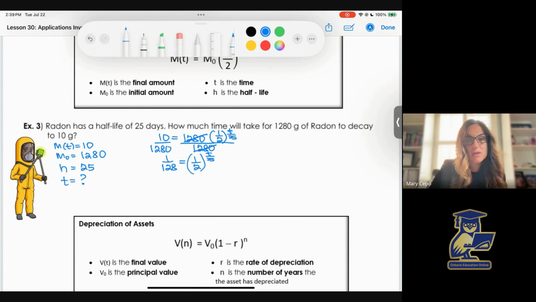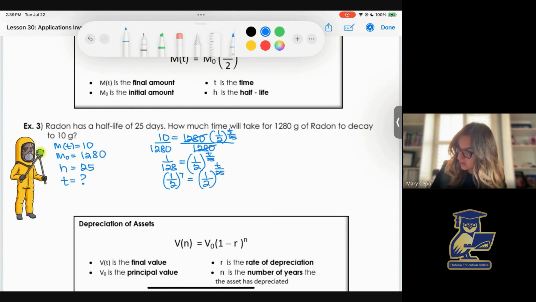Now, remember when we were solving exponential equations, we want to be able to express 128 as a base of 2. When I say 1/2 to the exponent of 7, that would equal 1 over 128. So we're going to say 1/2 to the power of t over 25.